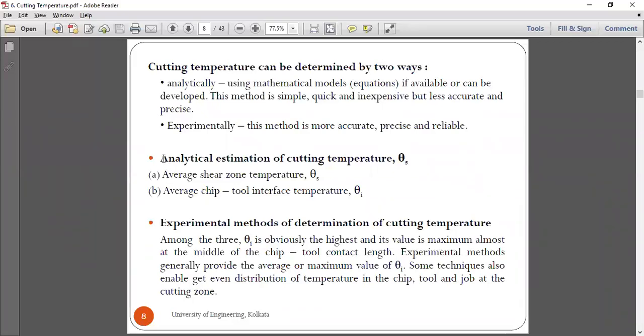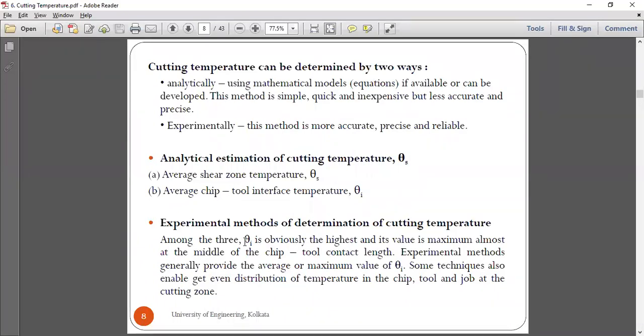Okay, then the analytical estimation of the cutting temperature, normally these two values are found out, that is at the shear zone and at the chip tool interface temperature. So if we look into the experimental methods of the cutting temperature, among the three, the highest temperature is at the chip tool interface, and the experimental methods generally provide the average or maximum value of theta.